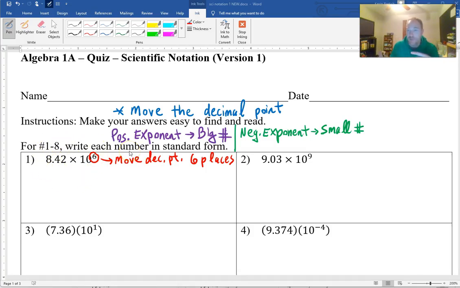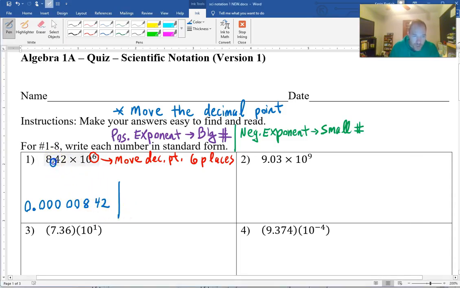So I'm going to put out the two options here. The first option that I consider is the decimal point starting between the 8 and the 4. If I move it 6 places to the left, 1, 2, 3, 4, 5, 6, this is where the decimal point would end in standard form.